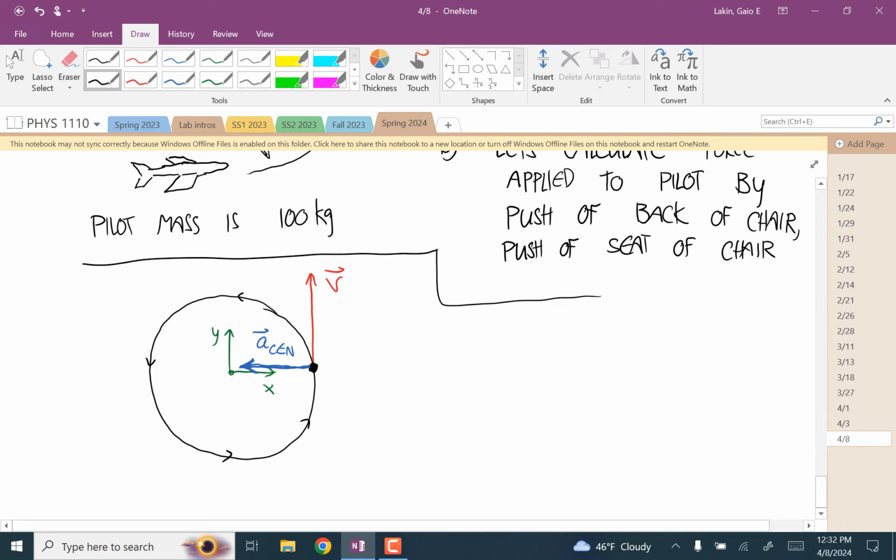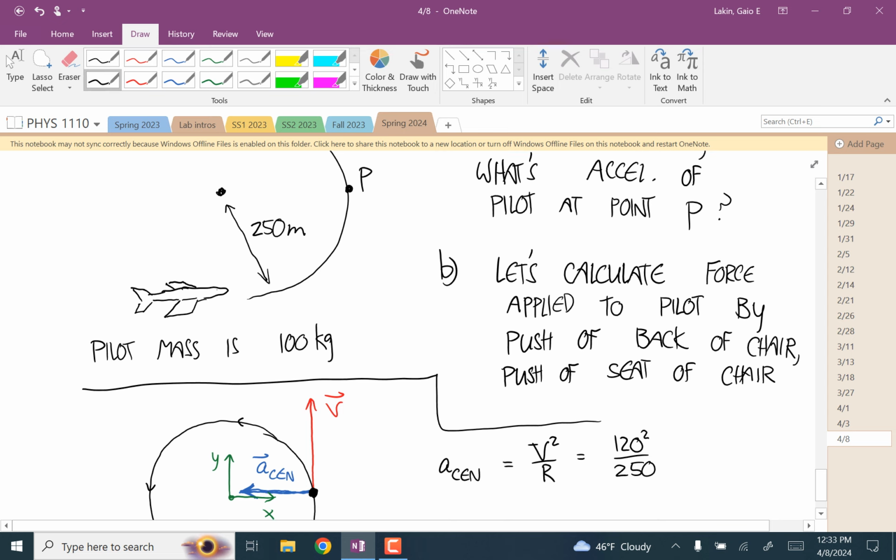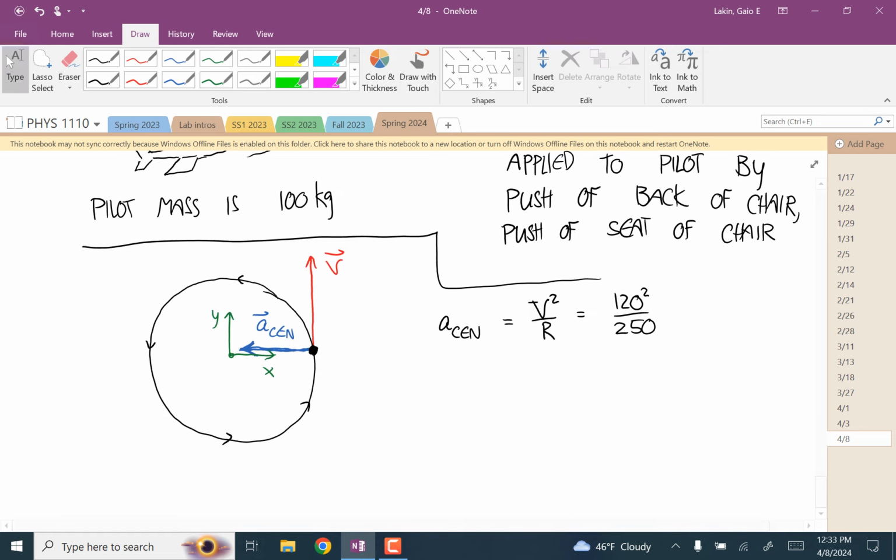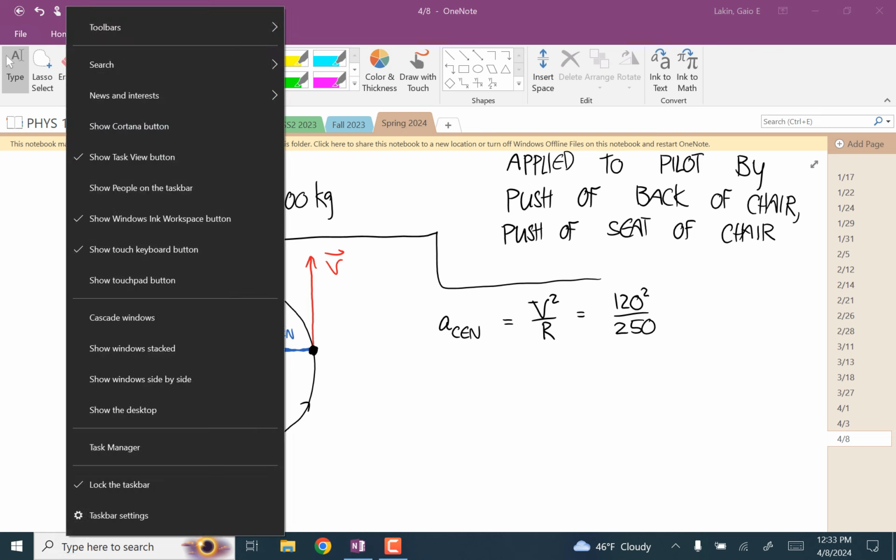The magnitude of a centripetal, I'll just write that as a centripetal without the vector sign over it, is equal to v squared over r, which is 120 squared over 250. The radius is that 250 meters. The speed is 120. And this comes out to be 57.6.